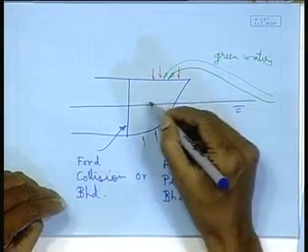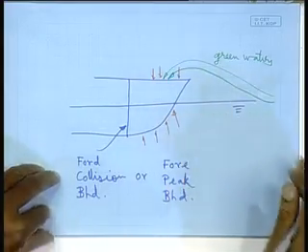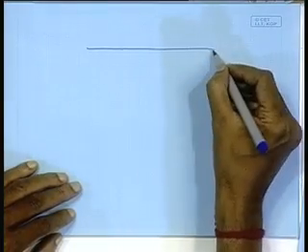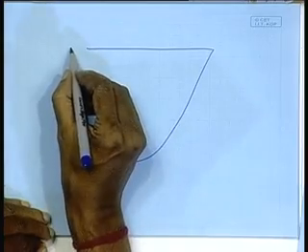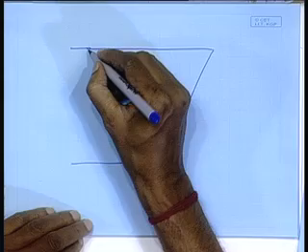So, to take care of that impact, it has to be of heavy construction. That is how fore end construction is taken separately, like we will later see that the midship construction is taken separately. Similarly, fore end construction is also taken separately.